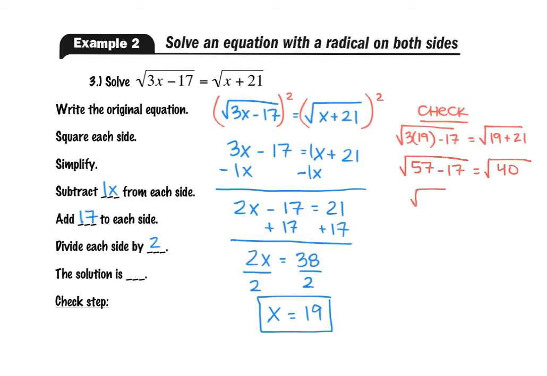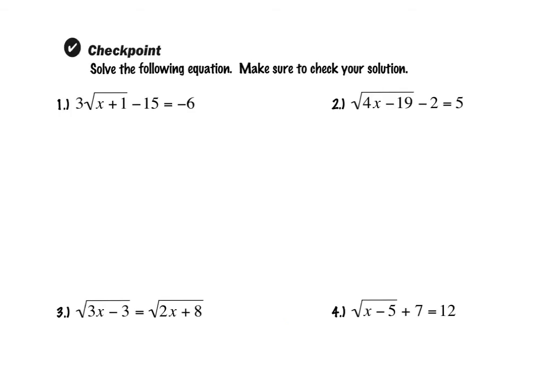Well, 57 minus 17 is 40. So I end up with the square root of 40 equals the square root of 40, and we know we could square both sides there and just get that 40 equals 40. So again, I know my solution of x equals 19 worked.